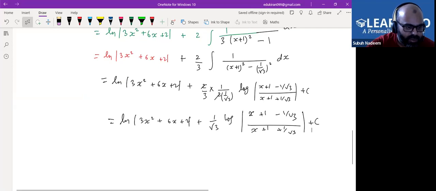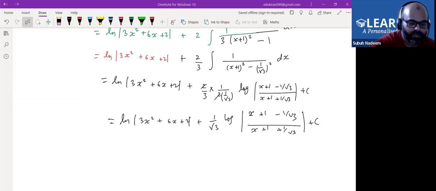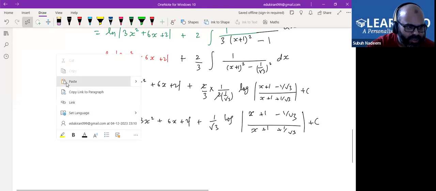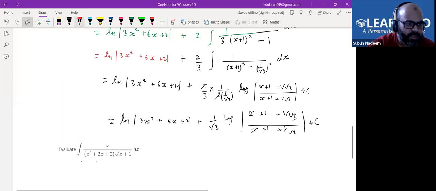So we can proceed further. This question is not exactly direct formula based. You will have to use some of your techniques also. So just try this question now.